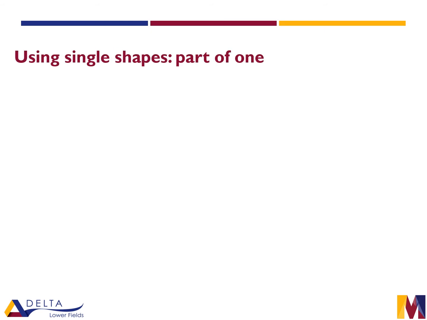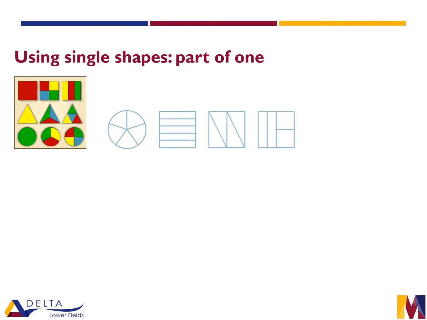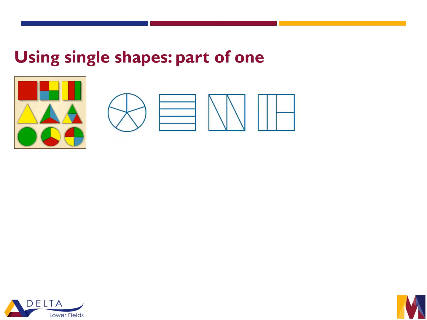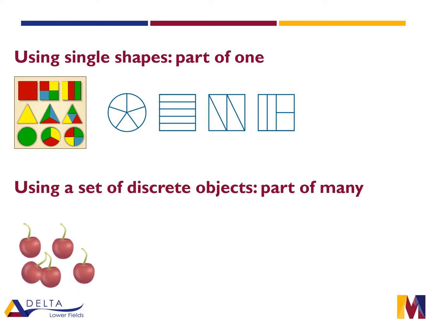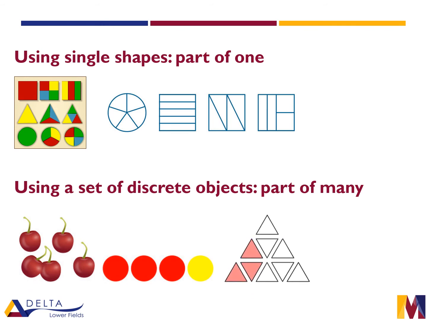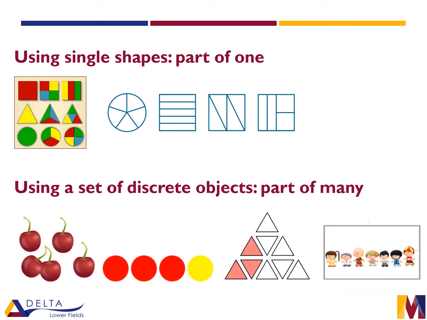Now the idea of part-whole fractions can be looked at in 2 different ways. Using single shapes as part of a whole object, such as these, or using a set of discrete objects as part of many. When doing this, we must use real-life discrete objects to experience fractions as a quotient model and consider how this links to division.